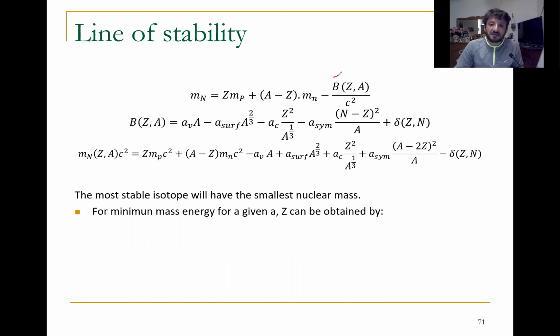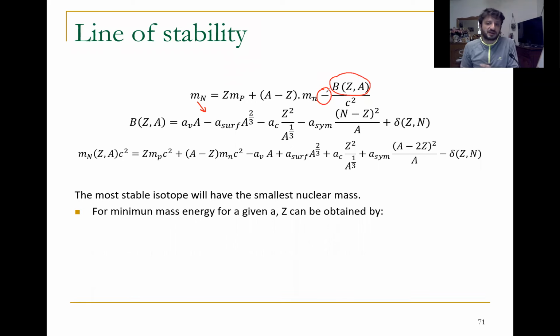For the maximum B, I mean, in the case of the maximum binding energy, we have the minimum mass. Why? Because we have a negative sign here. Each time we increase the binding energy, we decrease the mass.